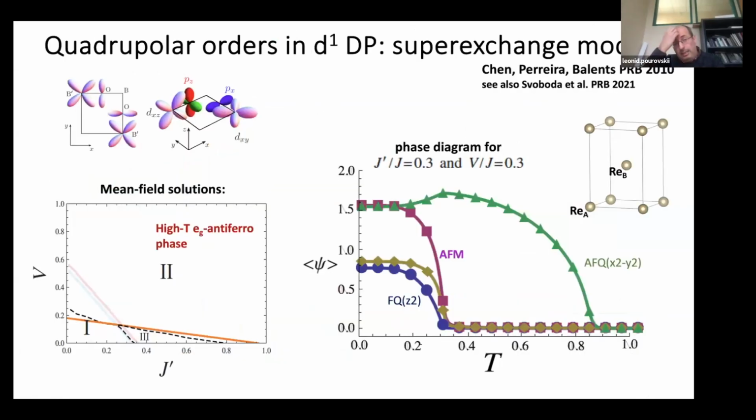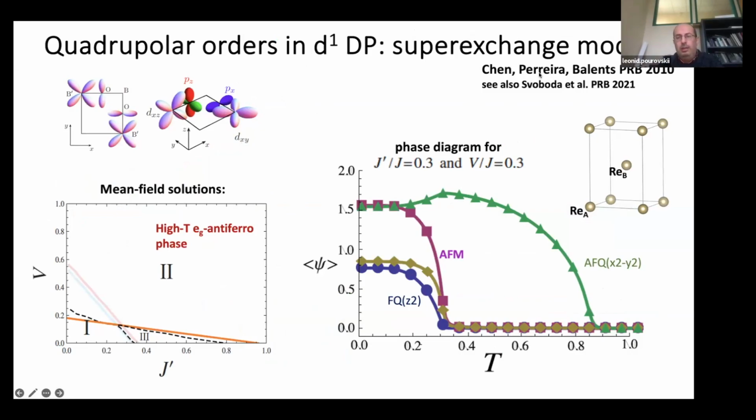Okay, again, starting from standard superexchange models, which include this classical quadrupolar electrostatic coupling, which we, by the way, neglect. So this is an open question whether it's really important, but we didn't estimate it. Basically one can reproduce pretty well this experimental result.